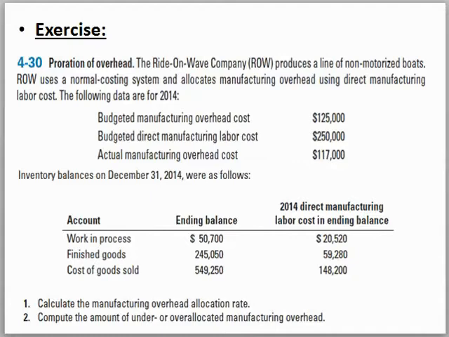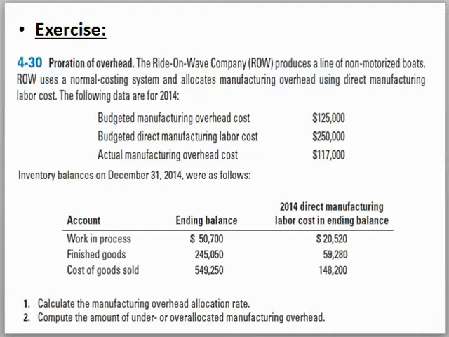Inventory balances on December 31, 2014 were as follows. For work in process, finished goods, and cost of goods sold, he gave me the ending balance and the direct manufacturing labor cost in the ending balance.